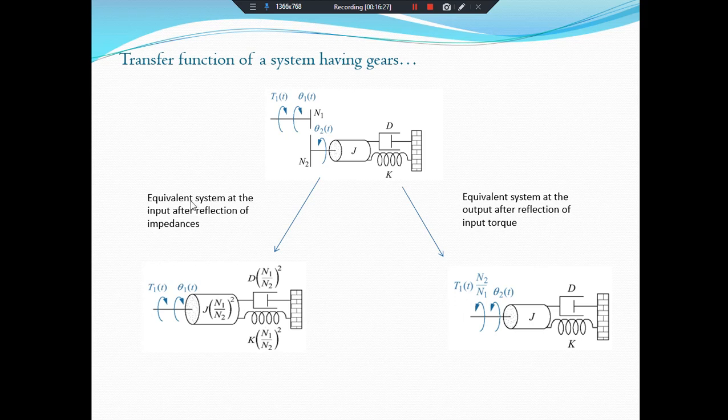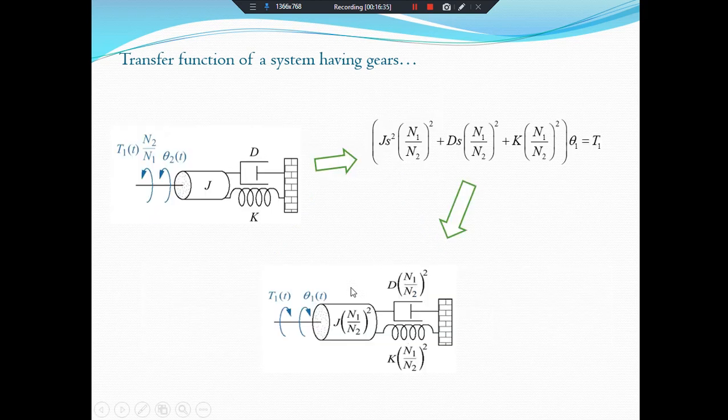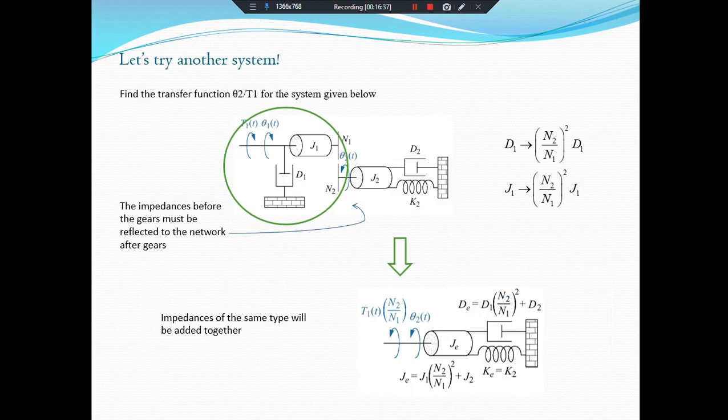Okay, and this is the equivalent system at the input after reflection of impedances. These are similar diagrams as we have seen in the last slide. Okay, let's try an example. This is example number 2.21, I think, of your book.